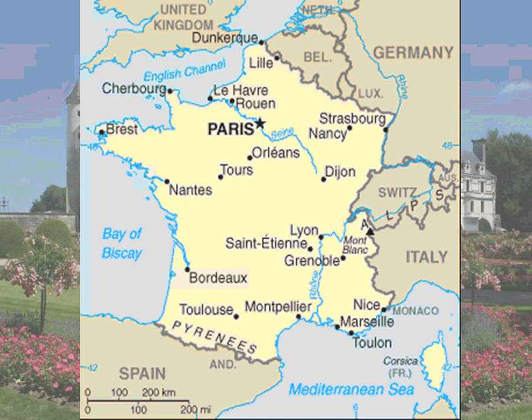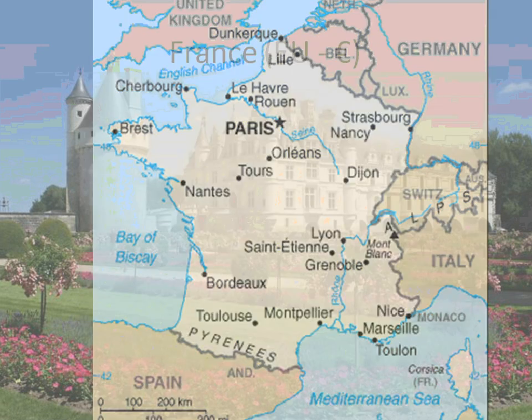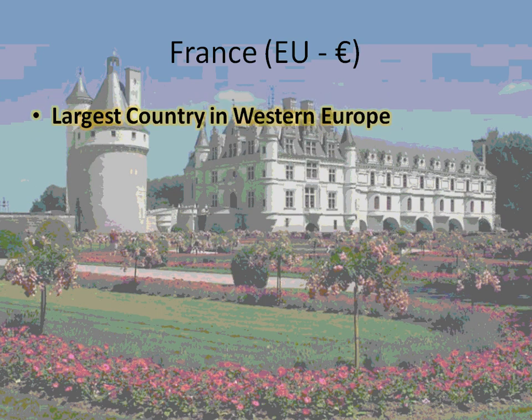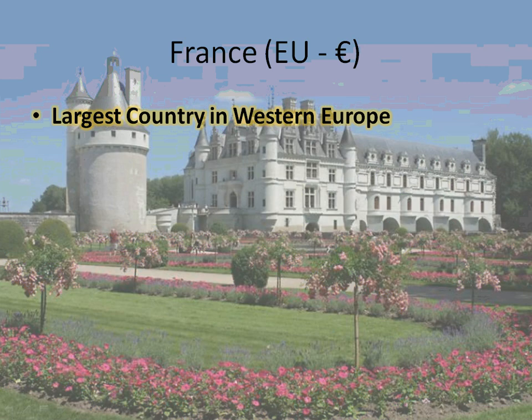What mountains do we have in the southeast of France? The southeast border of France. Sydney? The Alps over here. Yes, yes. So all of that stuff will be coming around here in a moment. And as you said, it is the blankiest country, or the largest country in Western Europe.